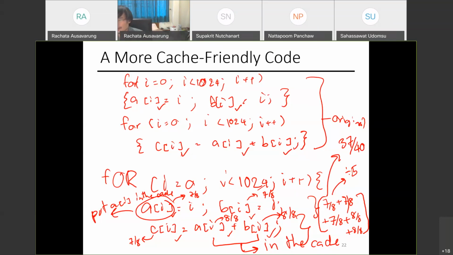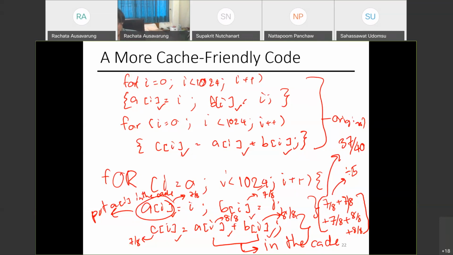Okay, so that's a great question. One of you asked, why is it 8/8 now? The reason why the second access to A of I and B of I is 8/8 is because the previous line, the access to A of I followed by access to B of I, would put A of I and B of I in the cache, for both of them. What is my next instruction?